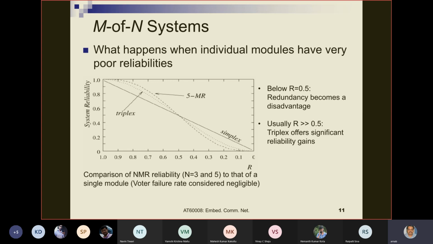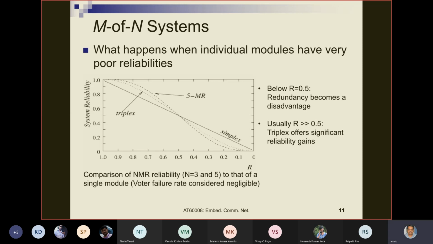What happens when individual modules have very poor reliability? Here you have two lines. One is a 5MR system and the other is a 3MR, triple modular redundant system. One is a 2 of 3 system, the other is a 3 of 5 system.